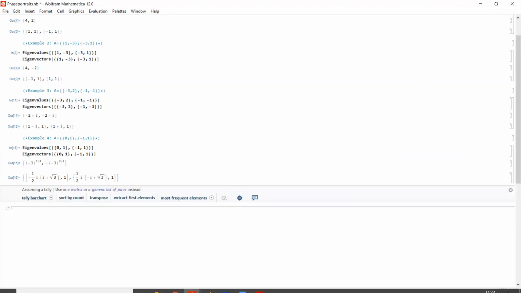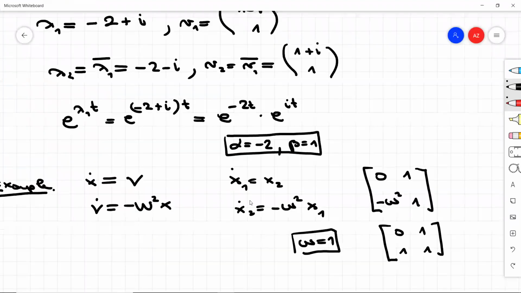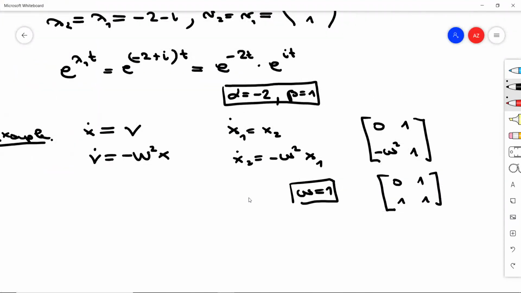So in this case, what's the eigenvalue? Lambda 1 is the third root of unity, and lambda 2 is its complex conjugate.